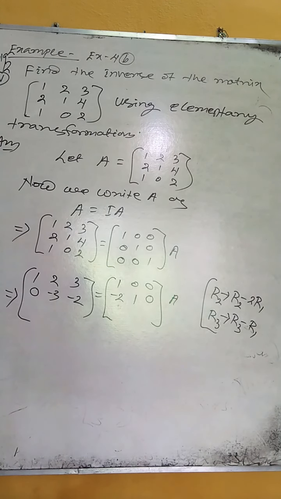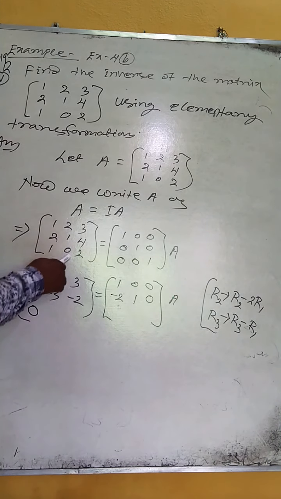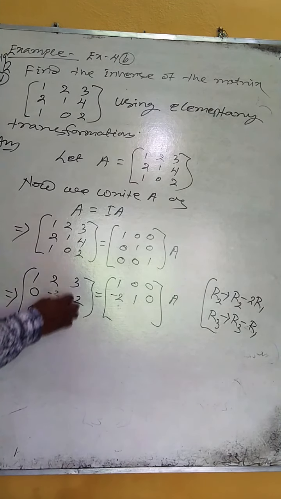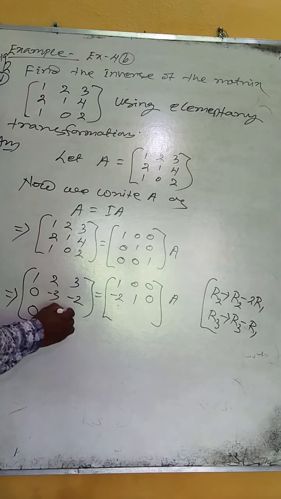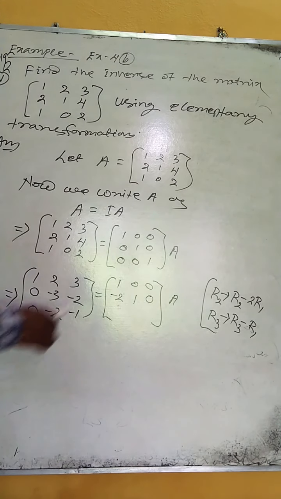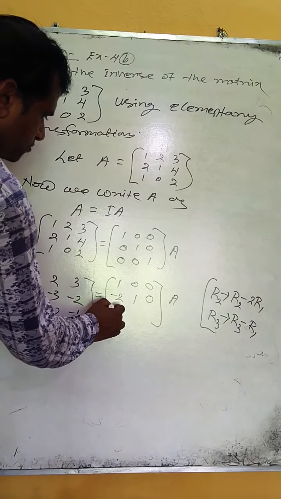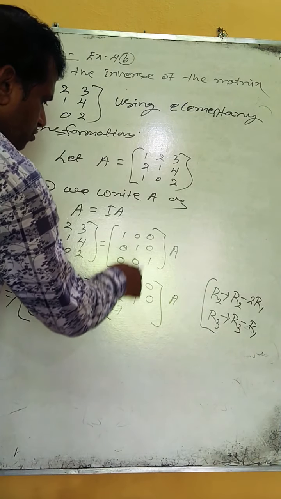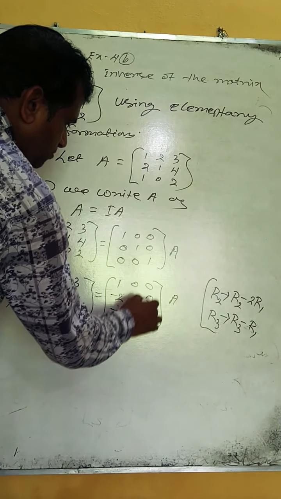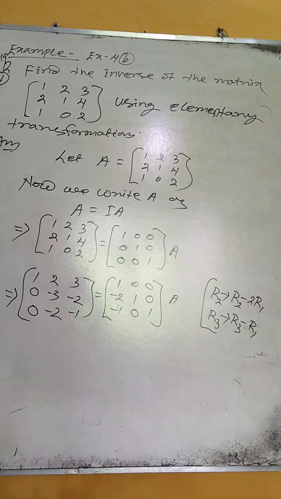R3 minus R1 gives 0, 2 minus 2 is 0, 2 minus 3 is minus 1, and on the right, minus 1, 0, 1.